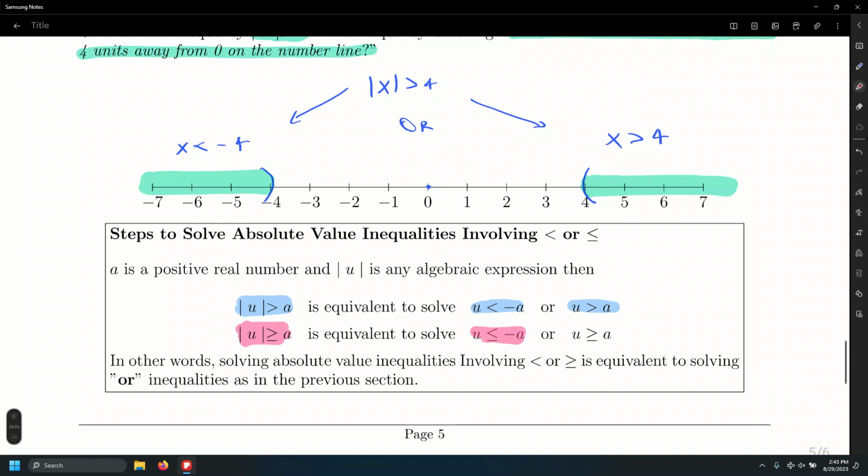There's not much different other than the inequality symbol that we're going to use this time. The equivalent, again, of solving this kind of inequality is solving the OR inequalities from the review handout we did last time.